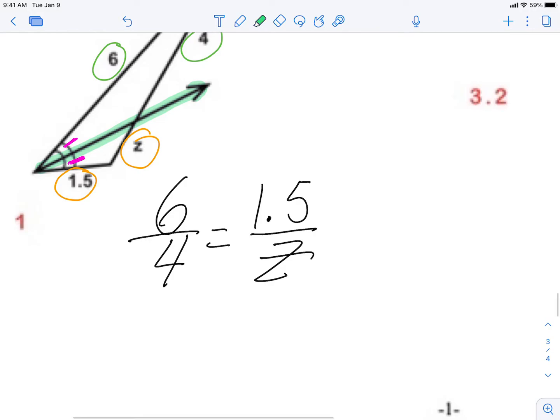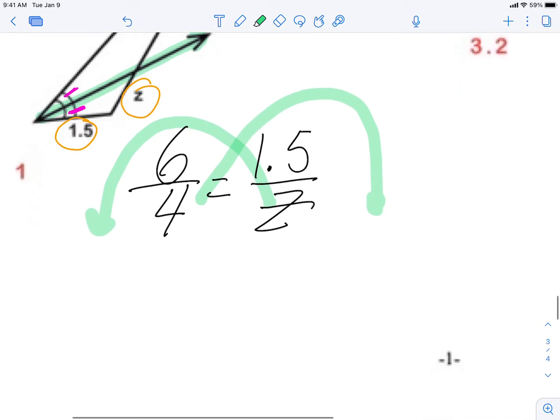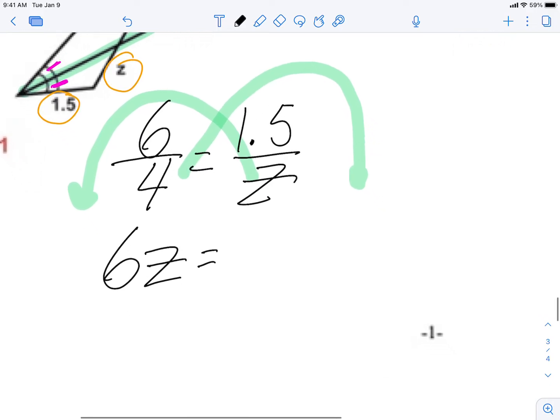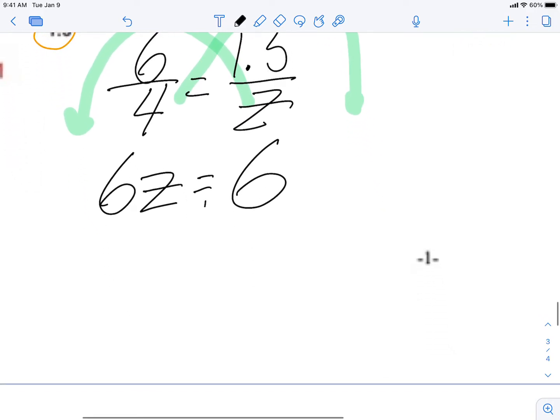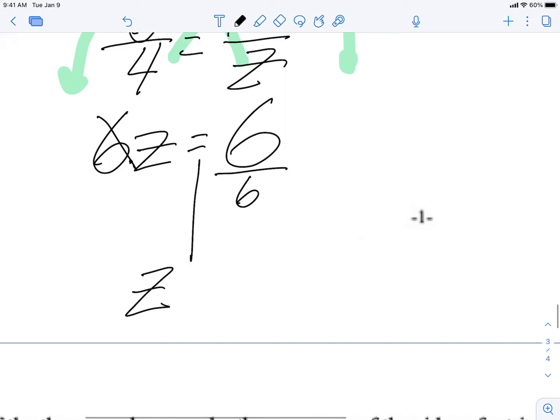And now I'm going to what I like to call butterfly multiply, right? 4 times 1.5, z times 6. Z times 6 is 6z. 4 times 1.5 is 6. The opposite of multiplying by 6 is dividing by 6. So I get z is equal to 1.